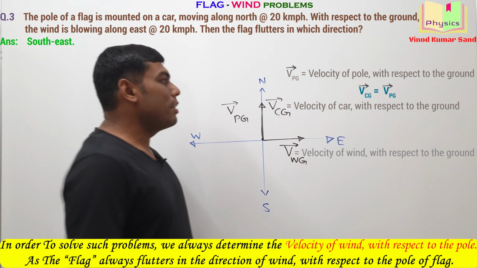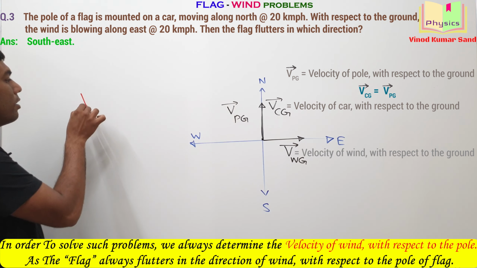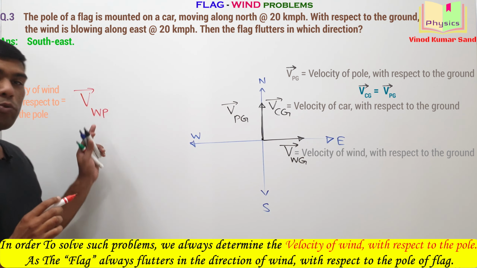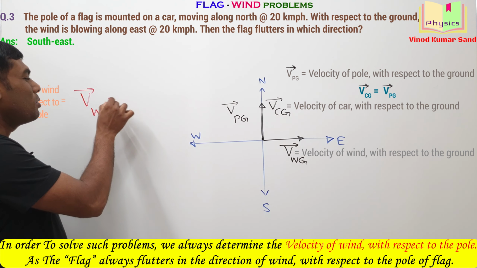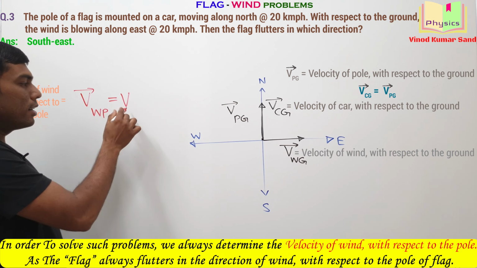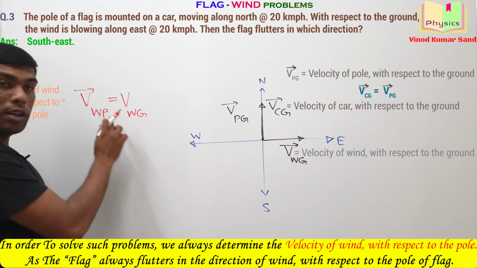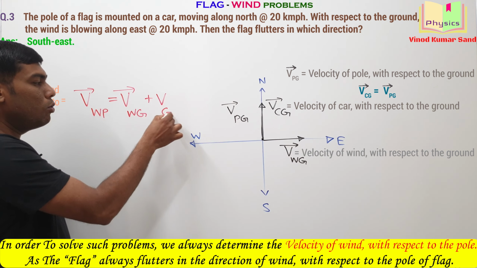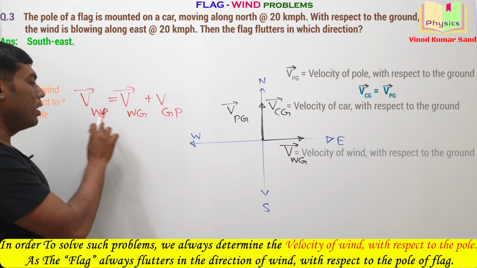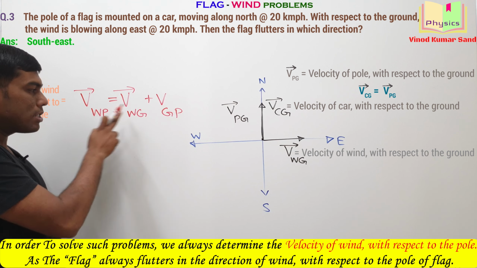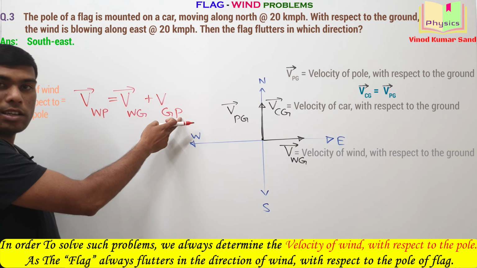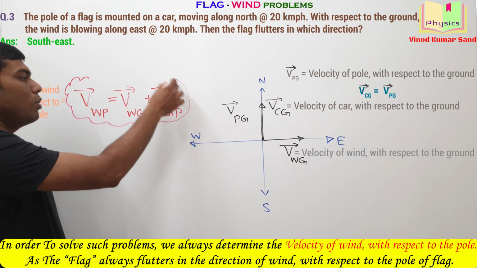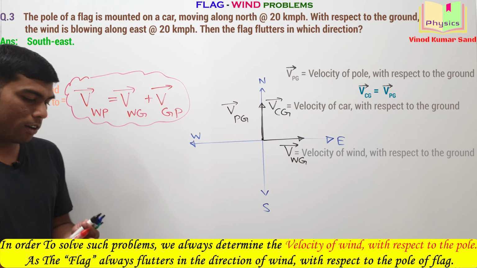So basically, we need to solve VWP, meaning velocity of the wind with respect to pole, which is equal to VW with respect to ground plus, maintaining the sequence, V ground with respect to pole. We start from the first letter and we reach the last letter like this. The same concept will be utilized in the entire video.